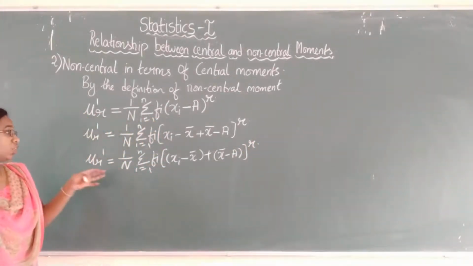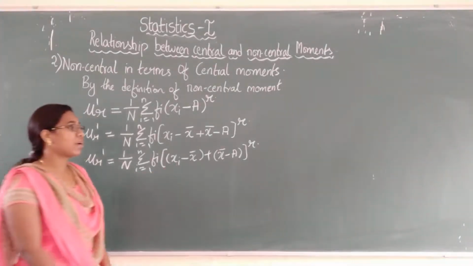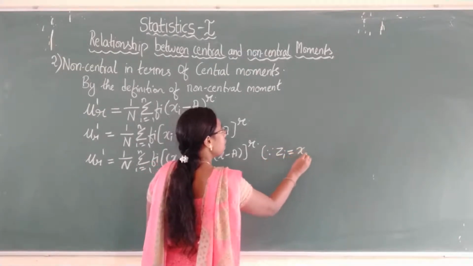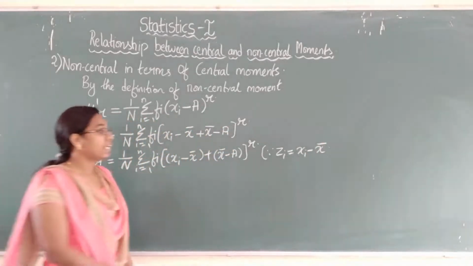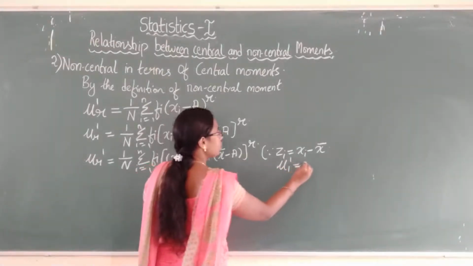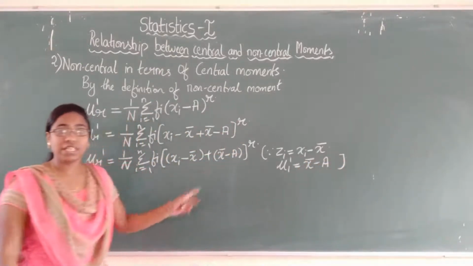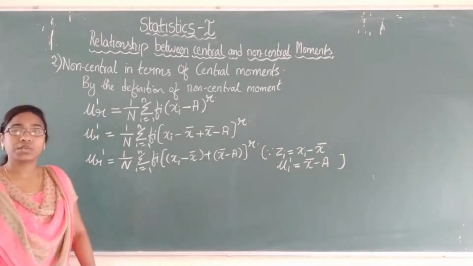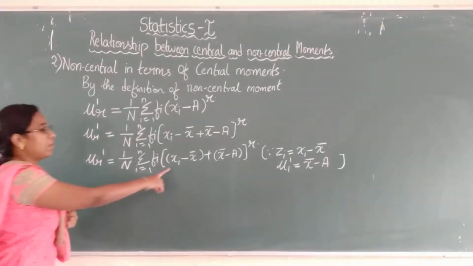In the definition of the non-central and central moments, we have written x i minus x bar as z i. Since z i equals x i minus x bar, and x bar minus a is the mu 1 dash value, mu 1 dash equals x bar minus a. We have written this in the definitions and also in the note points, that mu 1 dash is always equal to x bar minus a.